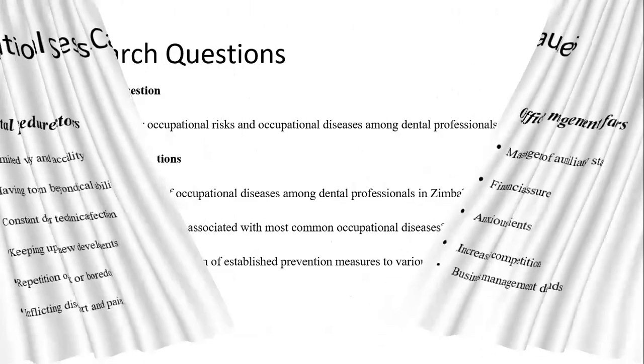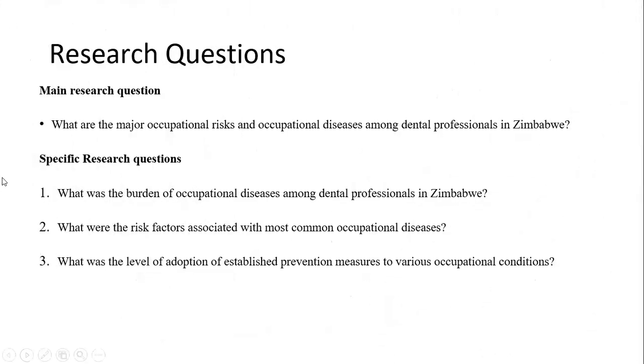Now I'll then go into the actual study in this section, and the following one I'll just focus on our findings and what we can make out of the local study that we carried out. For this particular study, the main question was to find out what the major occupational diseases and risk factors are among the dental professionals in Zimbabwe.